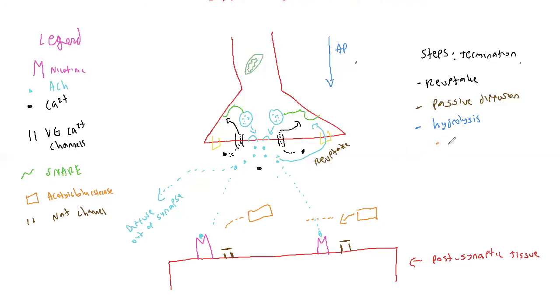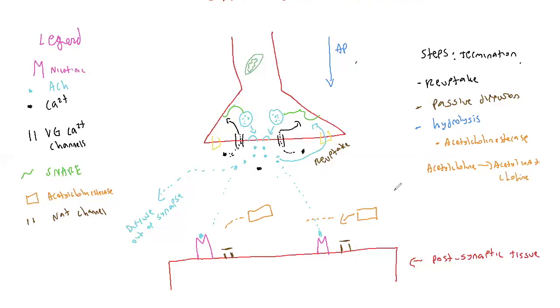So this is done through acetylcholinesterase, and it's going to take acetylcholine and convert it into acetyl-CoA plus choline.